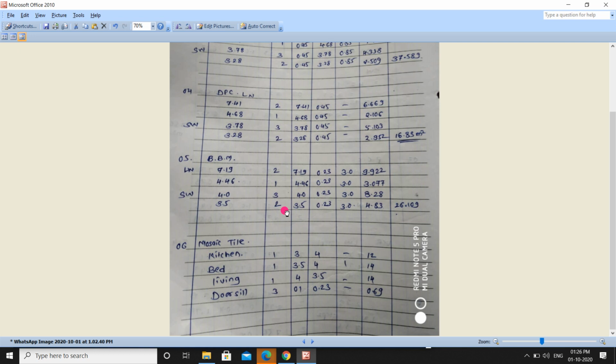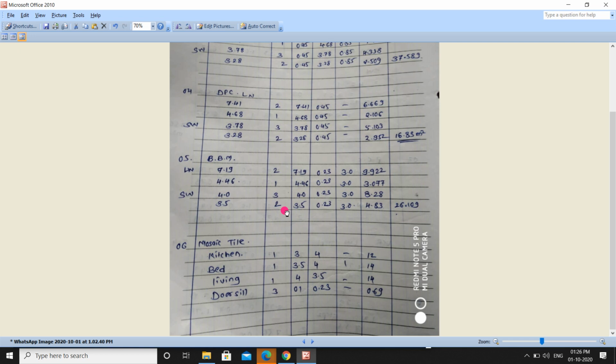Here we are going to finalize the mosaic tile. Number of rooms: first is the kitchen, it is single, the length is 3 meter and the width of the room is 4 meter. Multiply 3 into 4, it is 12 square meter. For the bed, it is 3.5 into 4, it is 14 square meter. For the living room, it is 4 into 3.5 meter, it is 14 square meter.